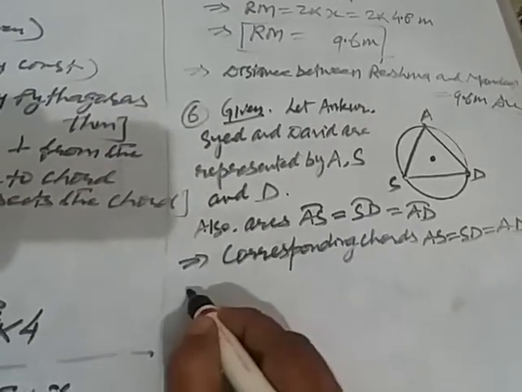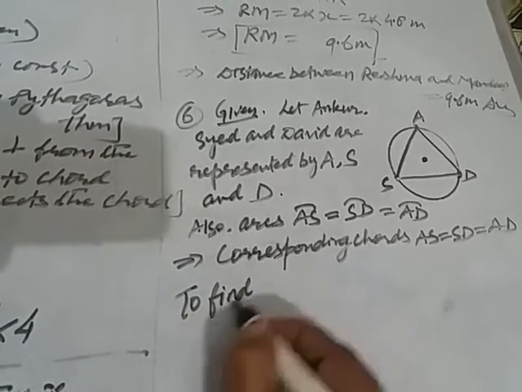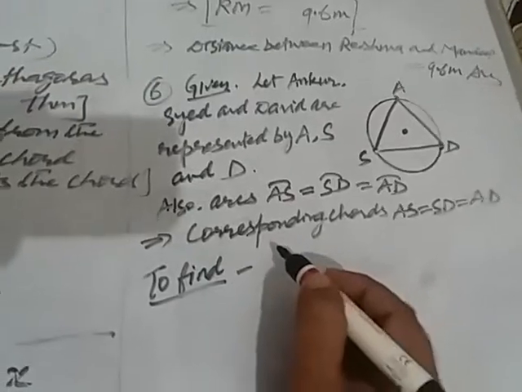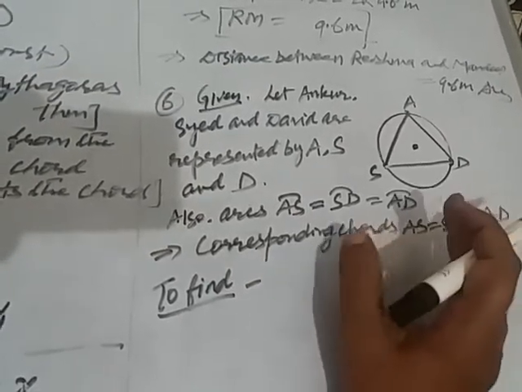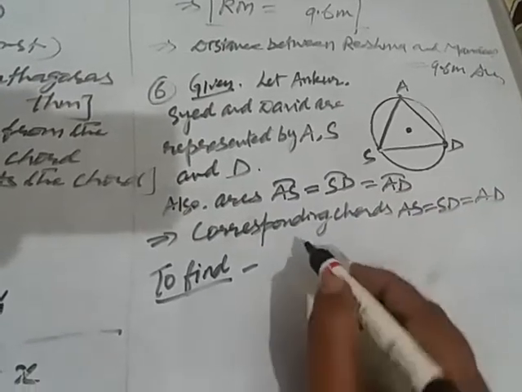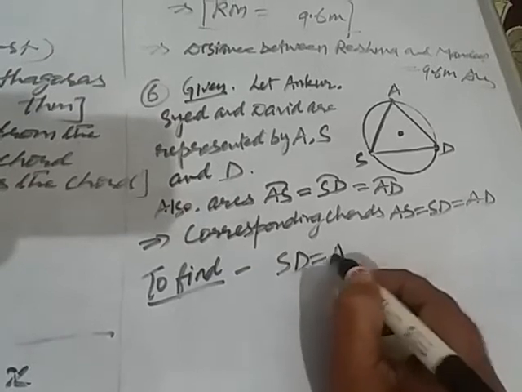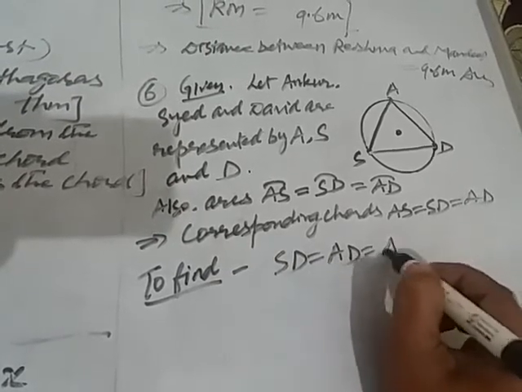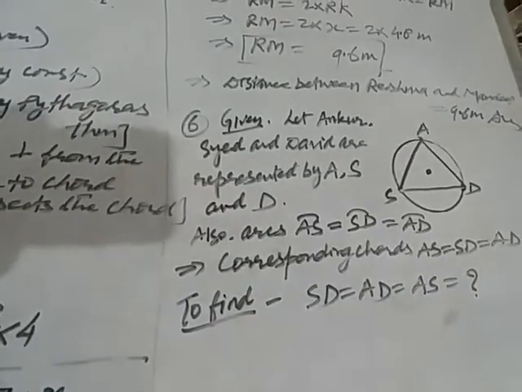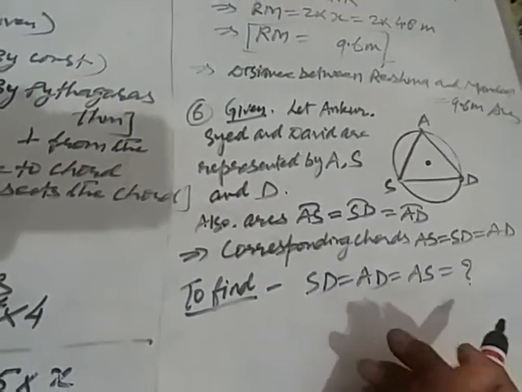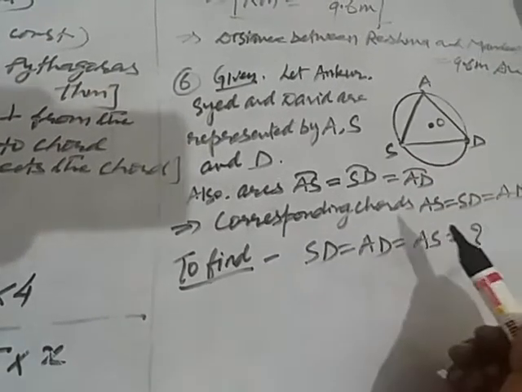Now what we have to find, children? We have to find the length of each telephonic string, that is, you have to find SD equal to AD equal to AS. Okay children, noted. Now let this be center O. Clear children?